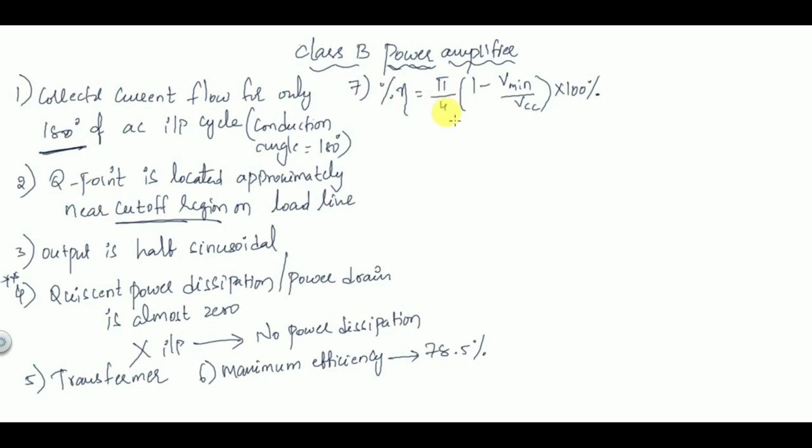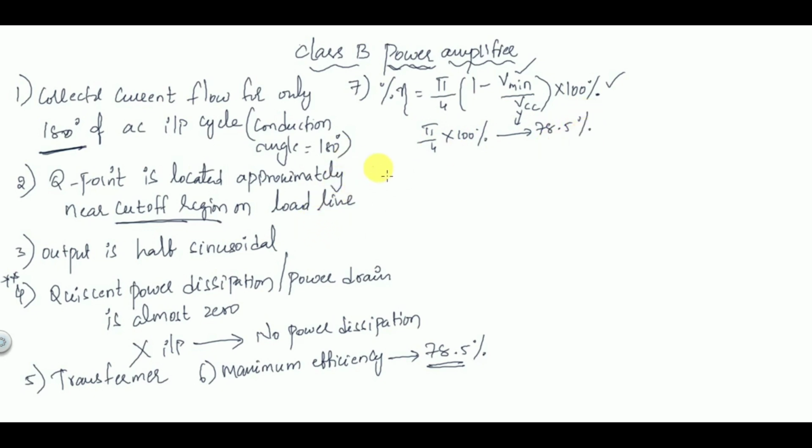Okay, so if you are given with V min and VCC, the power supply, you can find the efficiency from this formula. But the maximum efficiency is 78.5%, which is obtained by pi by 4 into 100% only.